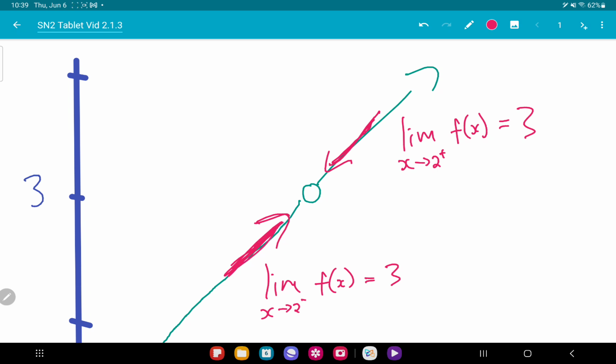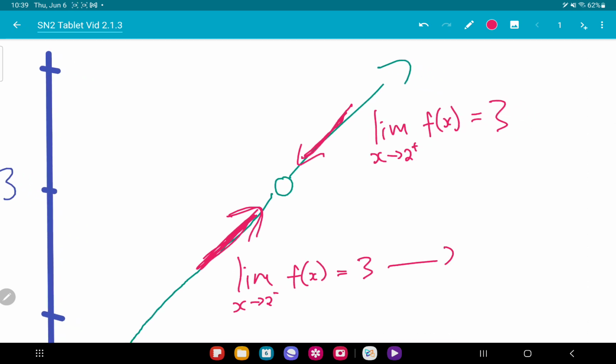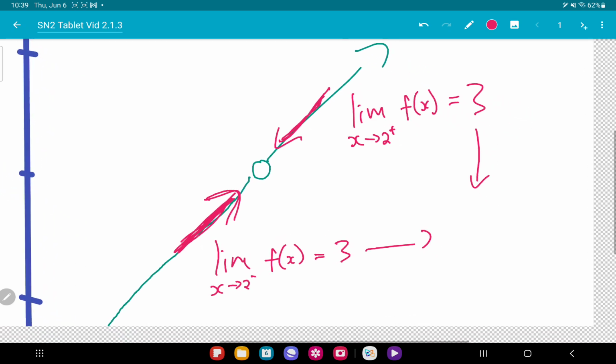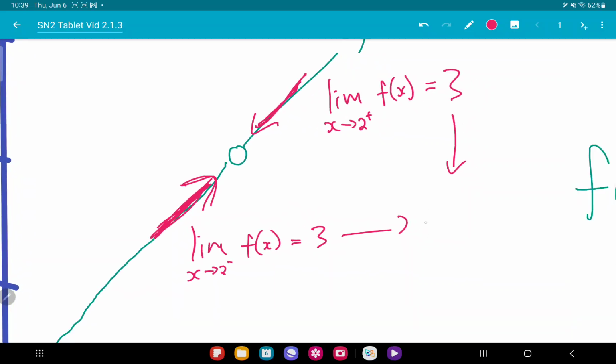When I look at what this arrow is pointing towards, it's 3. When I look at what this arrow is pointing towards, it's also 3. So these 2 agree. So the overall limit as x goes to 2 of f of x is 3.